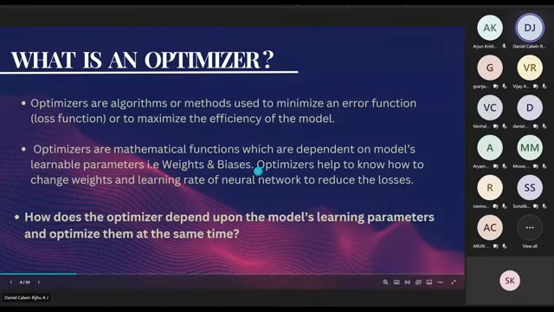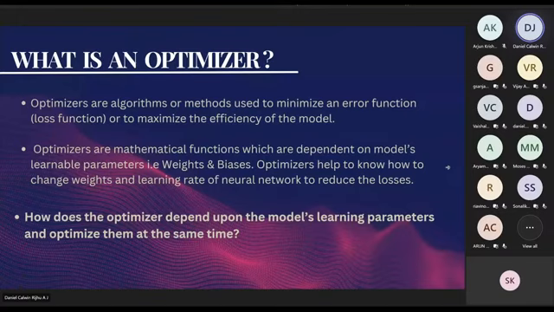Optimizers help us reduce the alterations we have to make to these learnable parameters, such that the loss function is ultimately minimized, because the basic idea behind training our model is to reduce the error in our predictions. That is why we are training the model, and optimizers help us with that.